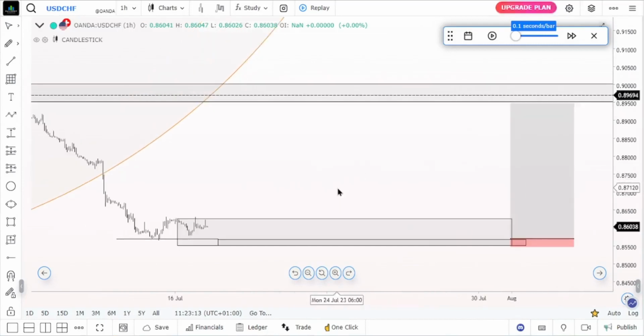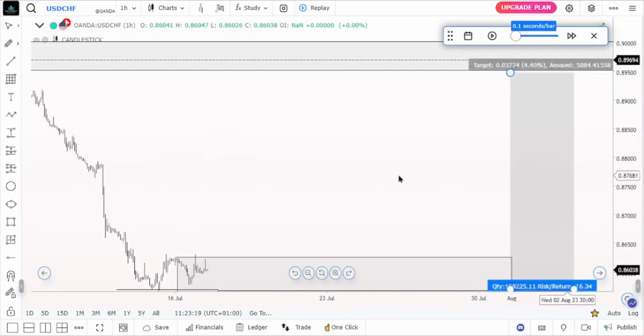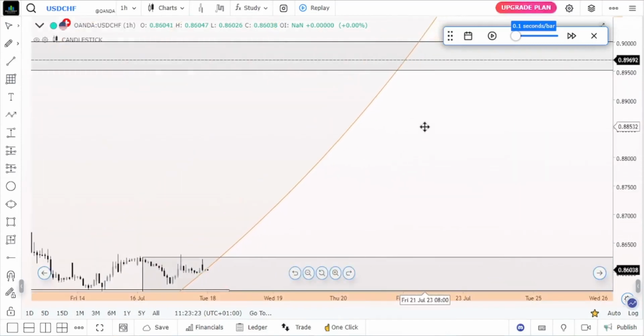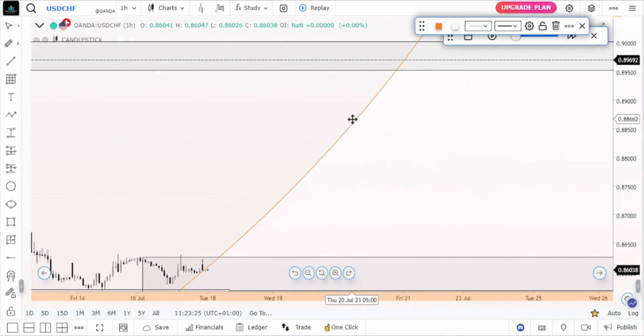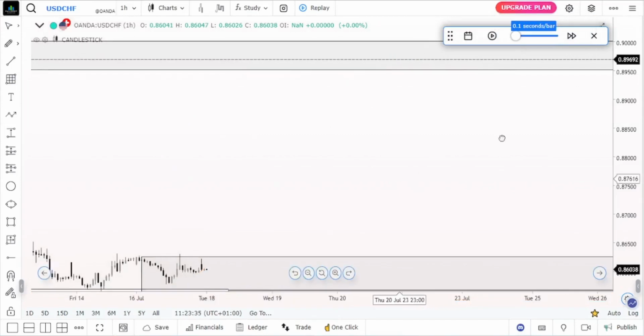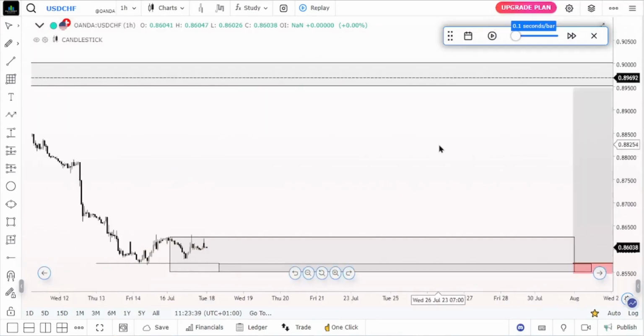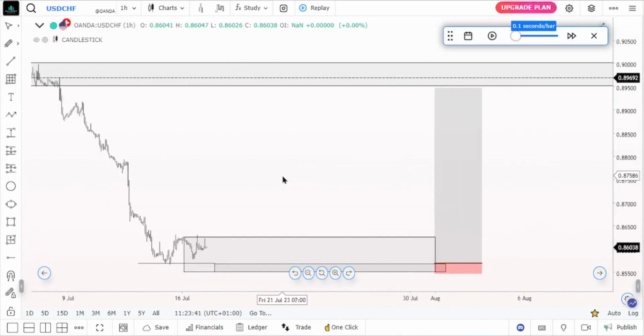That's going to be very huge. So let's see what happens. Let's play price and see what happens next. Okay, what's this? Let's play price and see what happens next.